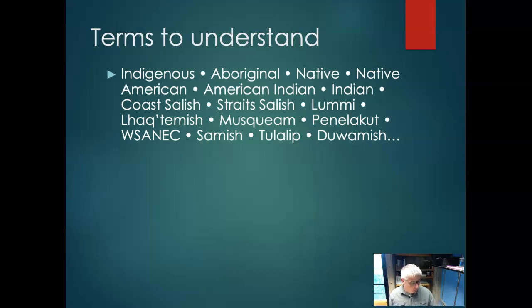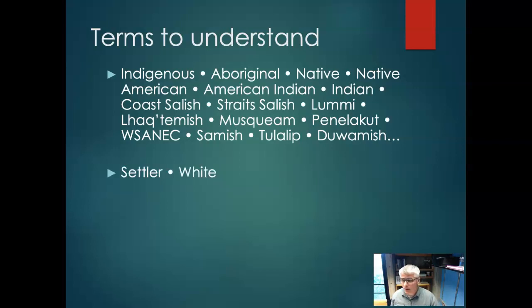And so my preference is always to try to use the more specific term, and frequently in academic literature we'll typically use Indigenous. It sort of depends on the context.